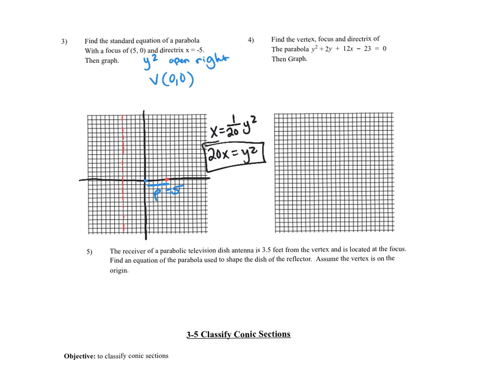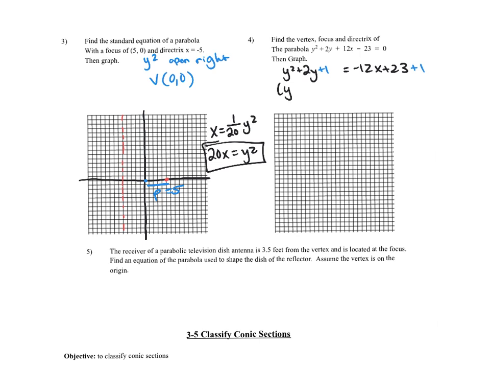In the next example, we're going to have to complete the square to find the vertex. So we're going to leave our y squared terms on one side and move everything else over to the other side. So we'll get negative 12x plus 23. To complete the square for y squared plus 2y, we need to add 1 to both sides.